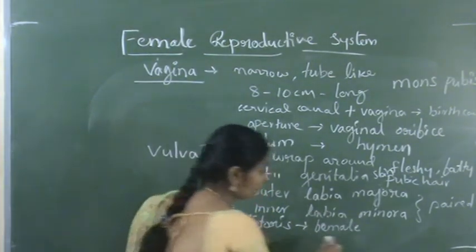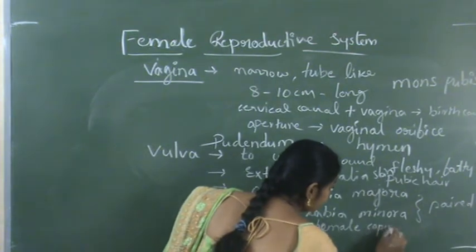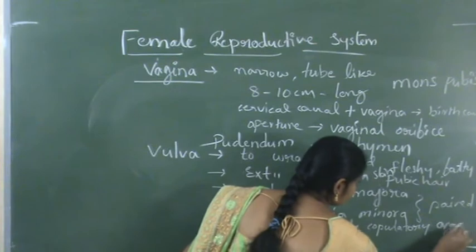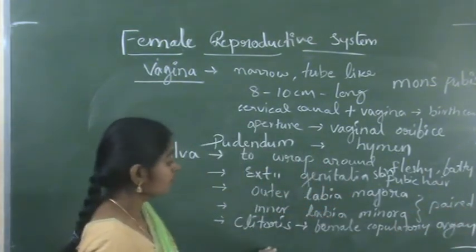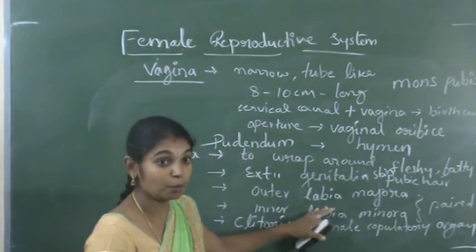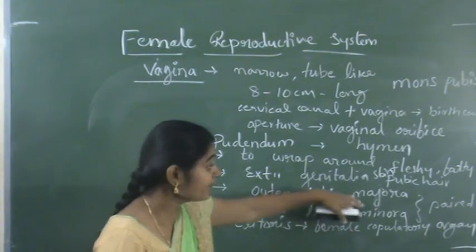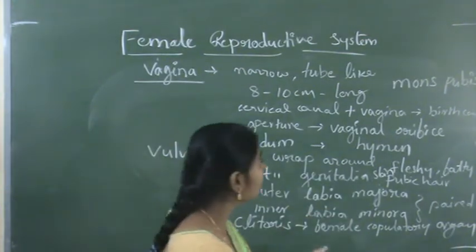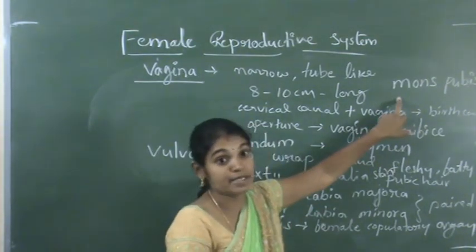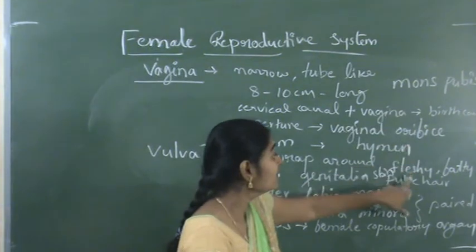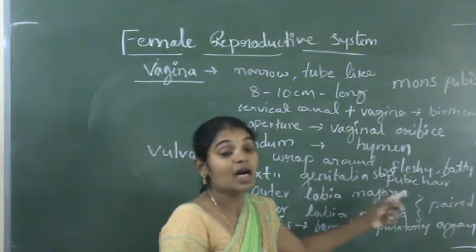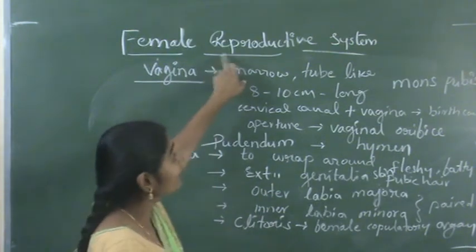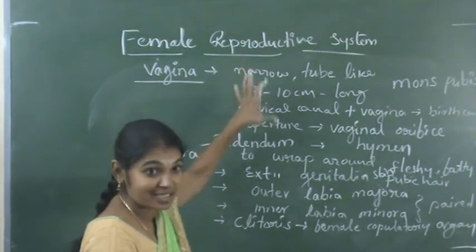The vulva is differentiated into two paired structures, the outer labia majora and inner labia minora, and these are covered by the mons pubis, a fleshy fatty skin which contains pubic hair. So this is about the female reproductive system structures.